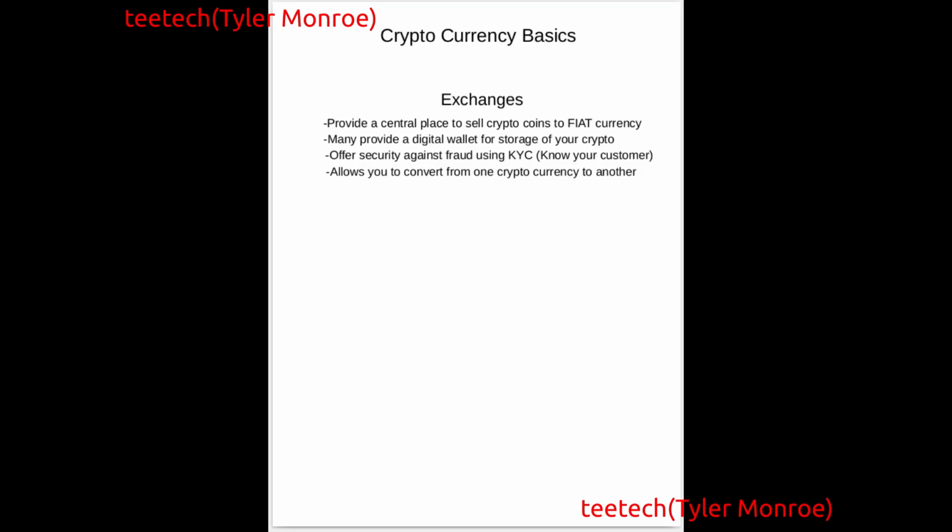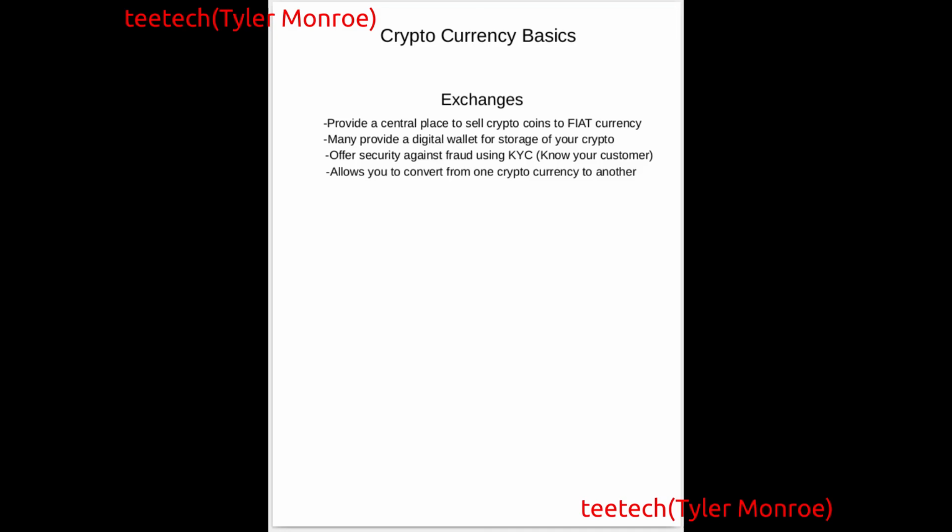It does offer security as far as financially against fraud, either fraud done to you or otherwise. But it has KYC, which is know your customer. A lot of these exchanges, you do have to be prepared to provide pictures of your identification and a picture of yourself, things like that, so you understand how that works and why they have those things in place.